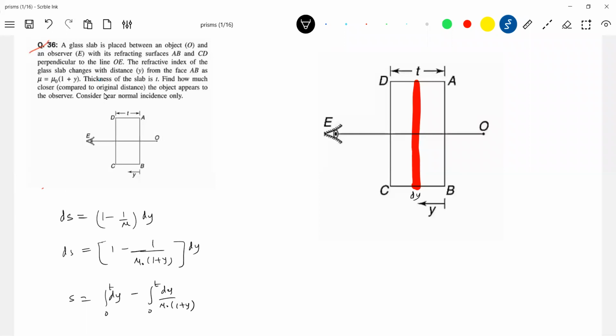You may get a problem where the refractive index of the slab is variable. So you need not bother about anything. Integrating this, we'll get the expression for the shift as t minus (1/mu naught) log of (1 plus y) from 0 to t.